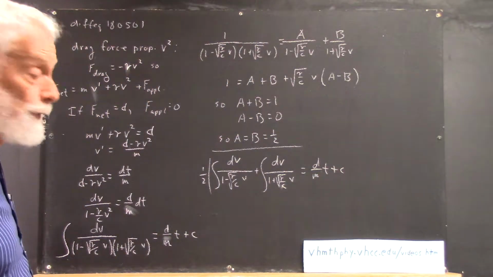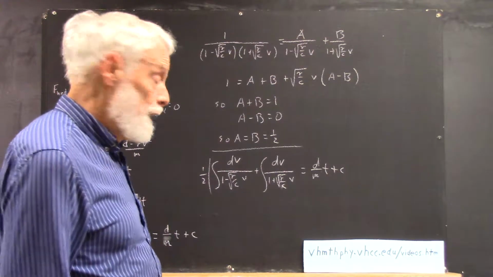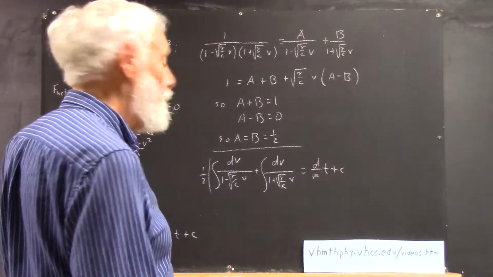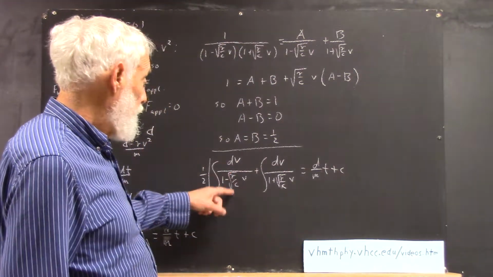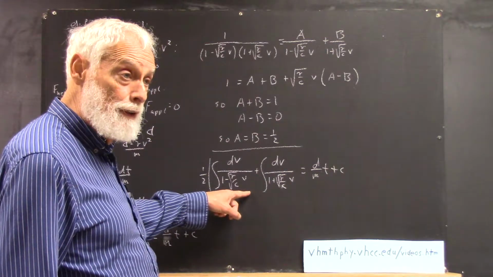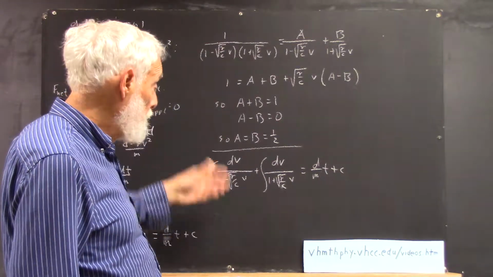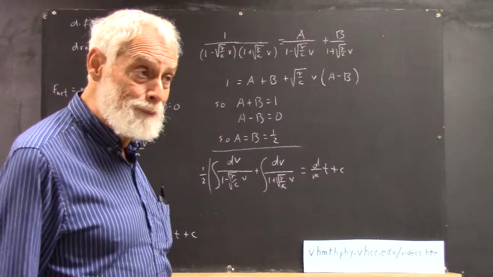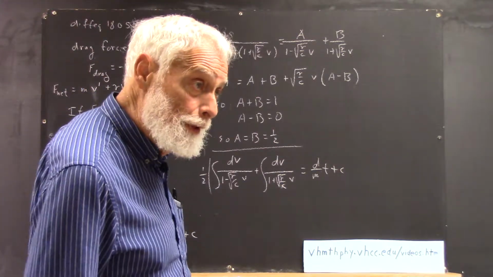And then the integrals are simple. We're going to let u in both cases be the square root of gamma over c times v. So then we're going to have a 1 minus u and a 1 plus u. It's going to give us a couple of natural logs.